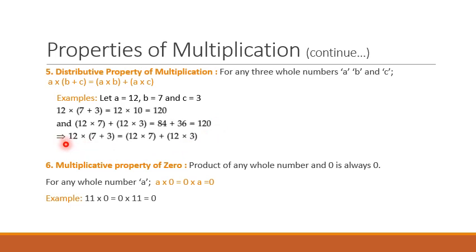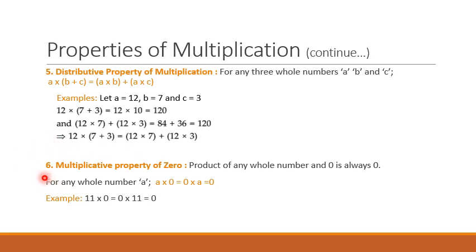So we can say 12 into (7 plus 3) is equal to 12 into 7 plus 12 into 3, or I can say the multiplication is distributed. This distributive property of multiplication is very helpful in solving complex multiplication problems. We will see this in the next slides.